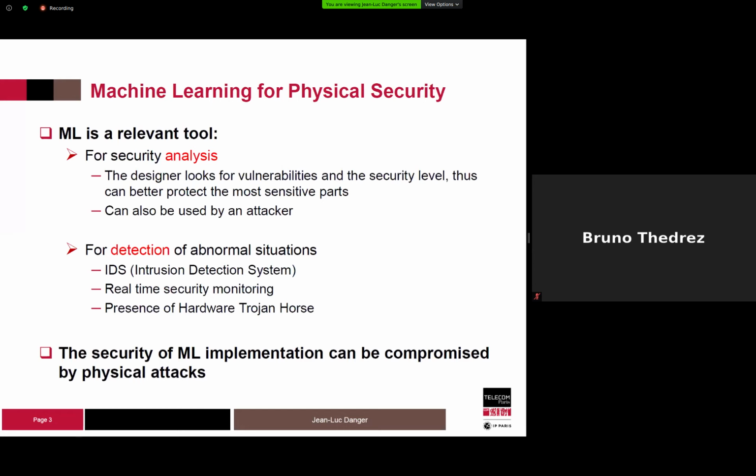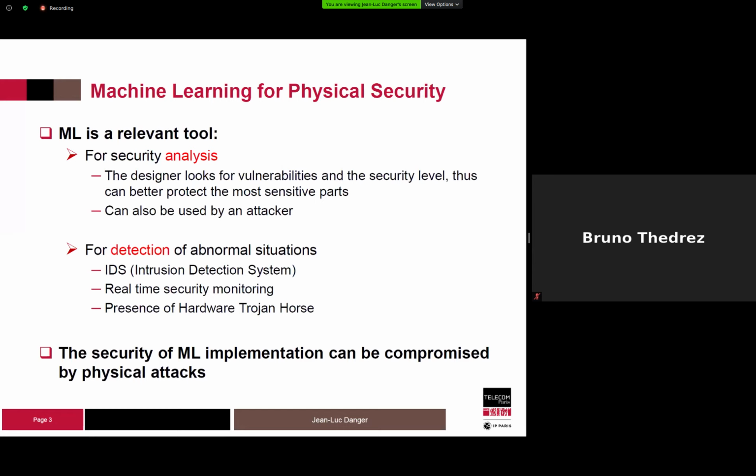by a potential attacker. The second interest of machine learning is that you can detect abnormal situations, and so you can use an intrusion detection system to highlight the weakness of a system. It's called IDS. IDS can also be computed using machine learning algorithms.